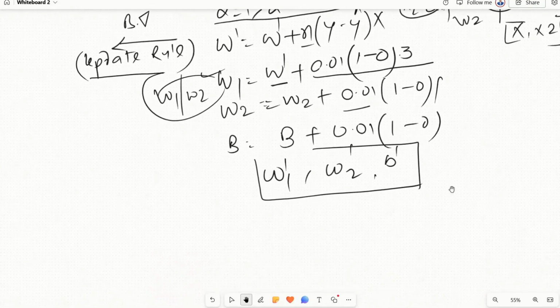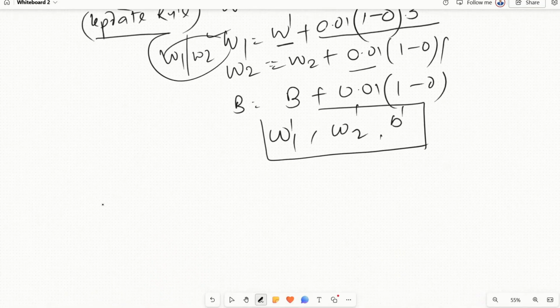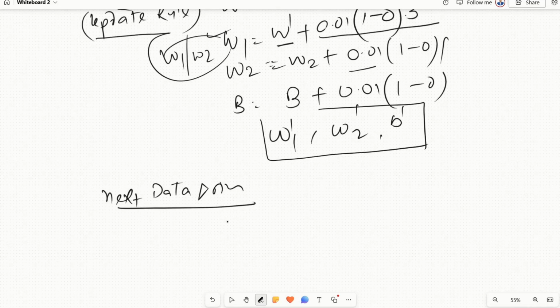Similarly, it will start for the next data point, and it will repeat the same thing. For the next data point, it will do the forward propagation, and after that it will find y predict. Then again it will do the backward propagation.